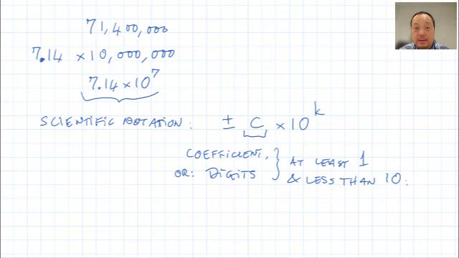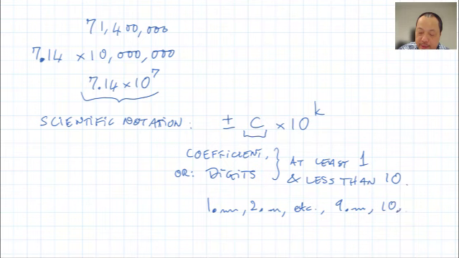What does that mean? What kind of number is at least 1? Well, 1 is at least 1, right? 2 is at least 1. And also numbers between 1 and 2, 1.3, 1.08, etc. So at least 1 means it has to be at least 1 point something, or 2 point something, or 3 point something, 4 point something, etc. And then you get to 9 point something, still okay.